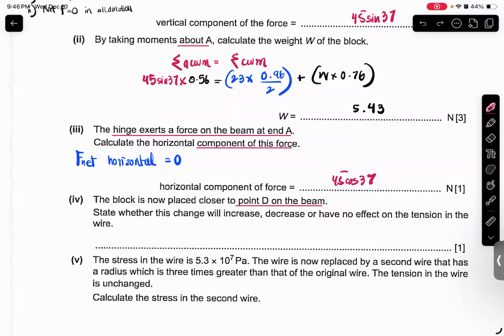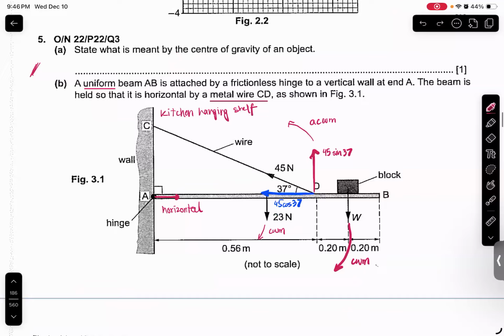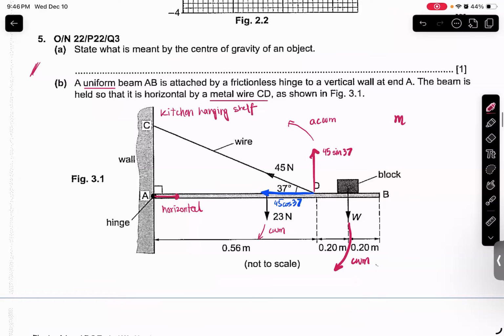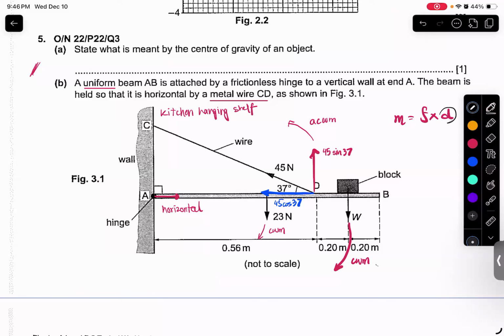Good question. So moment is equal to force into distance, right? If you reduce the distance from the pivot, you're bringing it closer to the pivot, so the clockwise moment is going to fall.